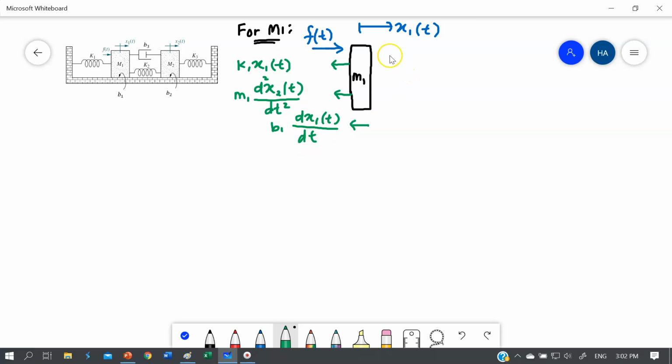Okay, next we have reaction force due to B3, and we see this B3 here is connected between two moving masses M1 and M2, and here we are modeling M1, so we will have B3 dx1 minus dx2.